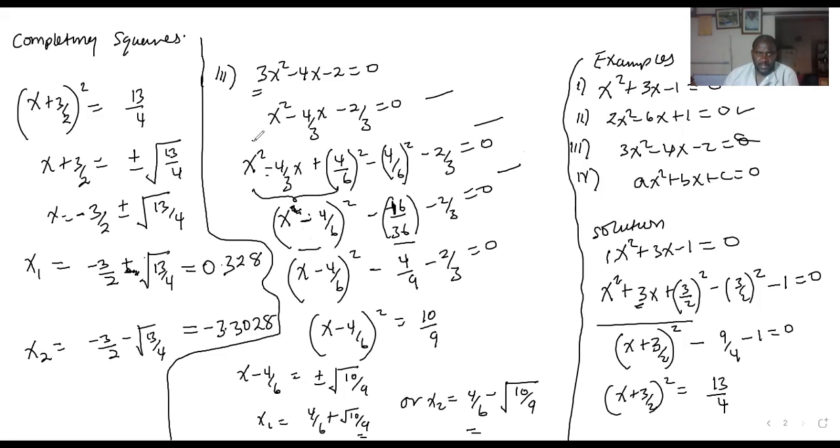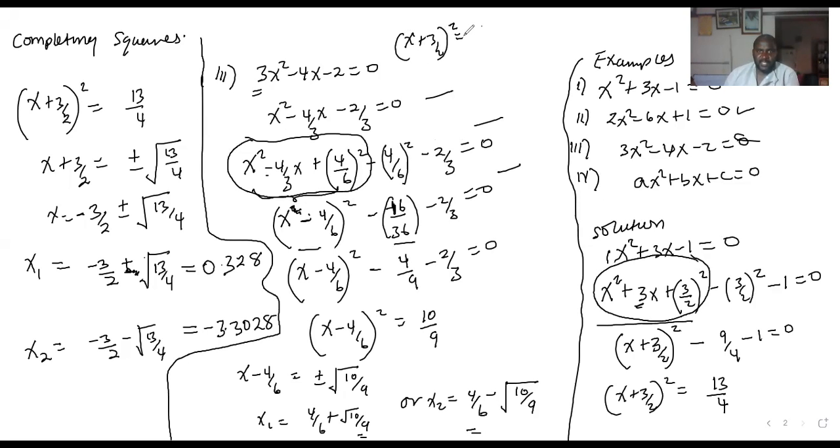Whenever we reach this stage and you see this one, just know it's an expansion that it is coming from. I think we need to show that it is the same. x plus 3 over 2.